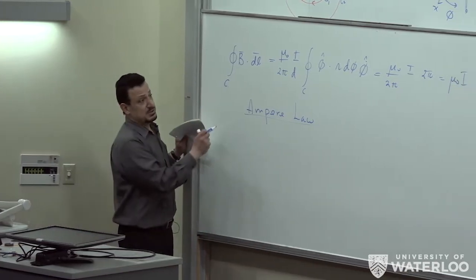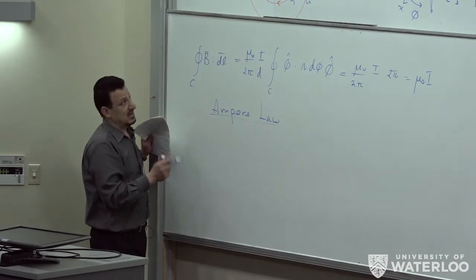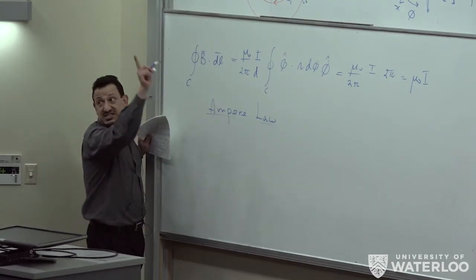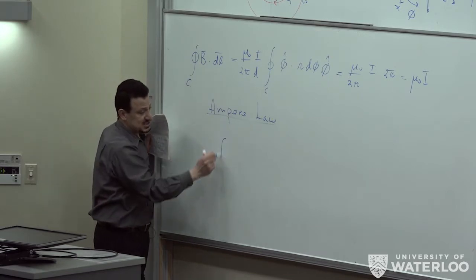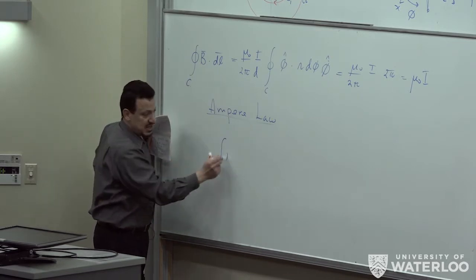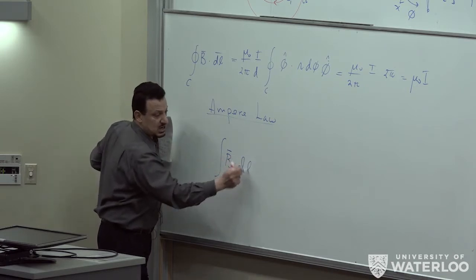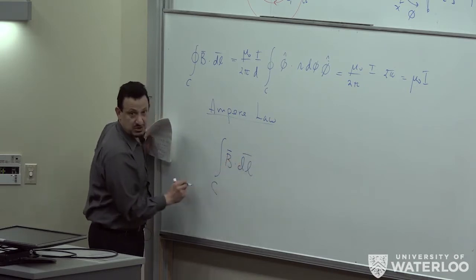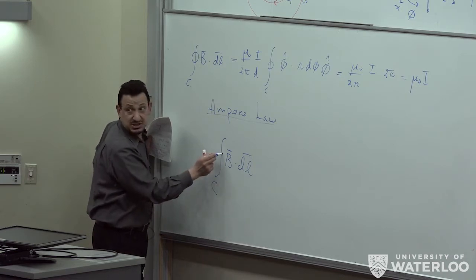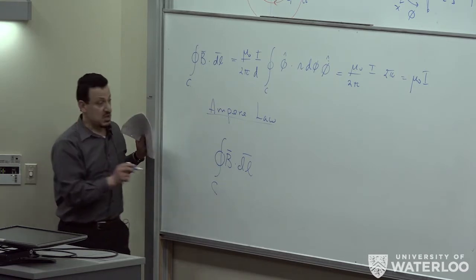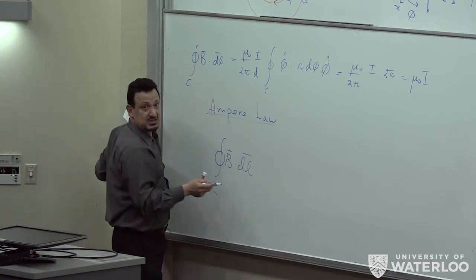So Ampere's law is a generalization that I will prove to you in a second. Ampere's law says that if you integrate a B, any B, over a contour, and the only condition is that the contour has to be closed, what will you get out of this?